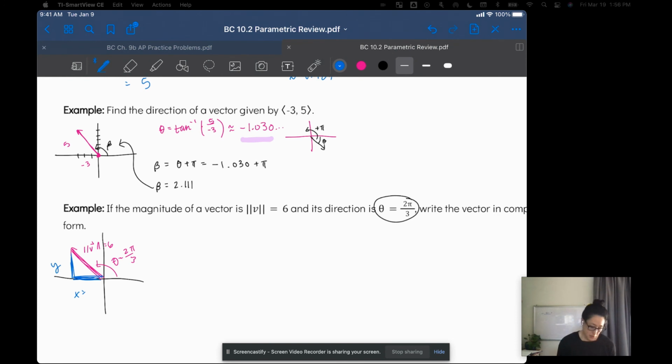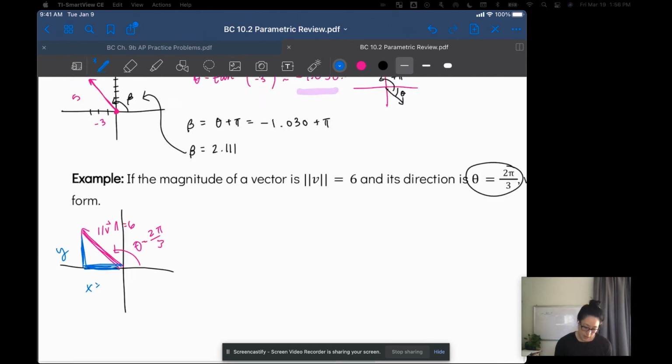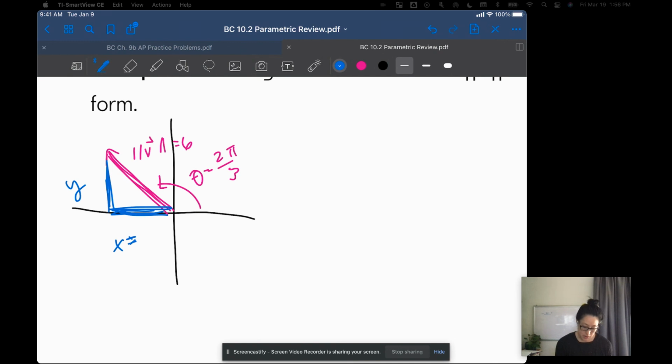The way I'm going to do that is that x in trig is equal to the radius times the cosine of theta, and y is equal to the radius times the sine of theta. So my component form of the vector is going to equal r times the cosine of theta, comma, r times the sine of theta.